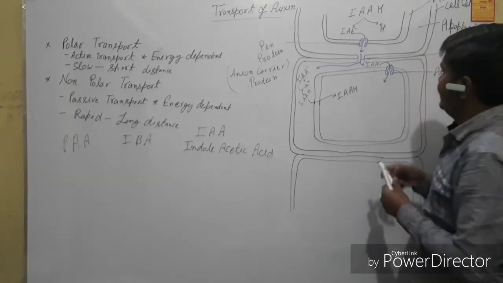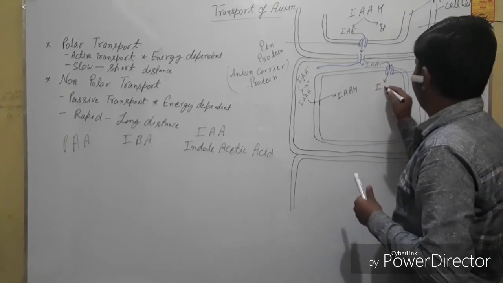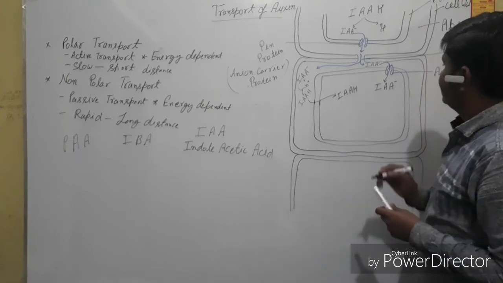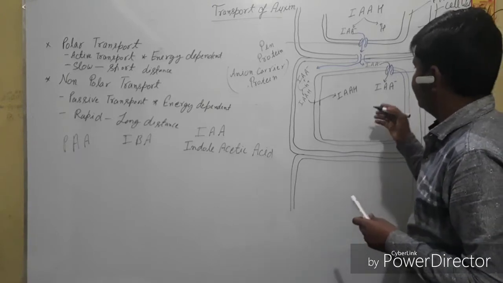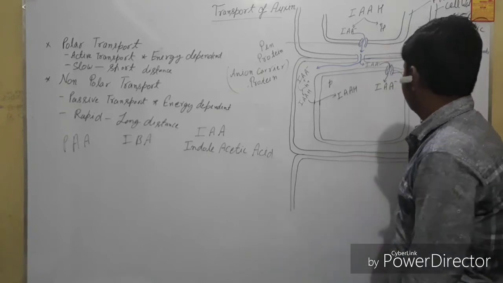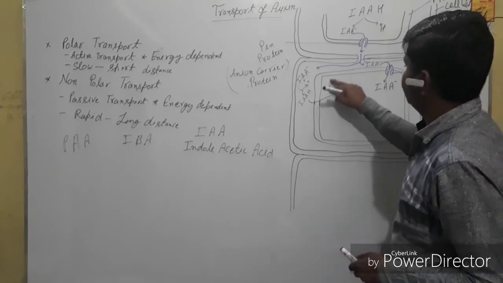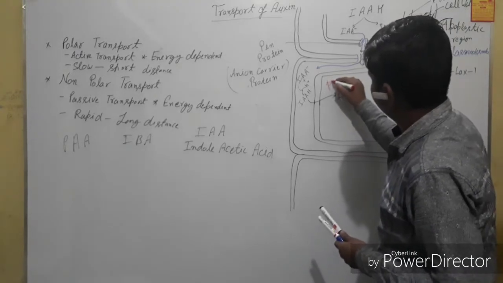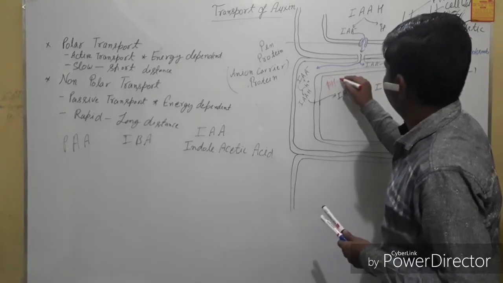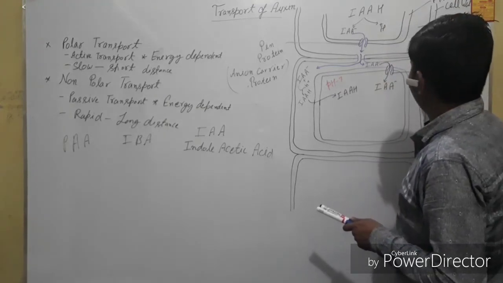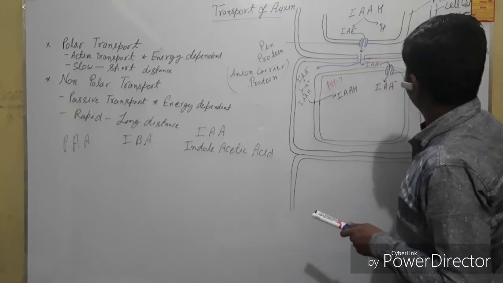Here the pH is about 7, whereas at the apoplastic region the pH is about 5.